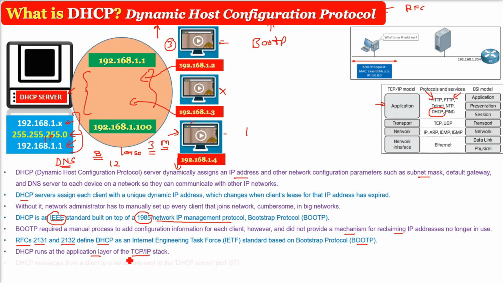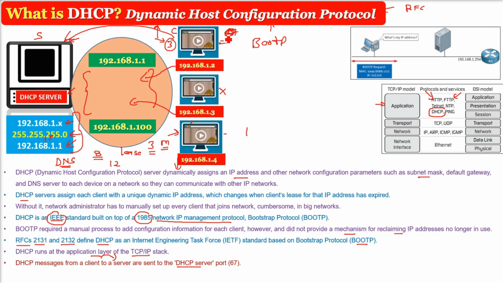So DHCP is very important in networking. Now you have a server and a client. Imagine these DHCP messages going from client to server. We are talking about the DHCP server now. The DHCP server will use port 67, not the client. Please remember. This is very confusing, right?